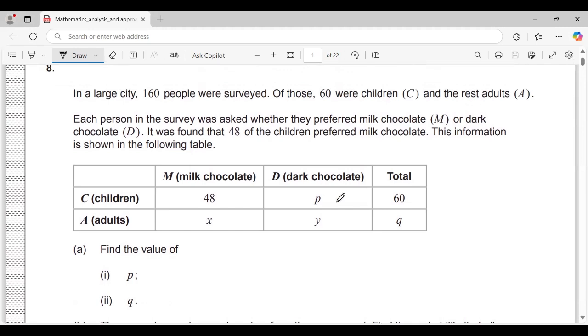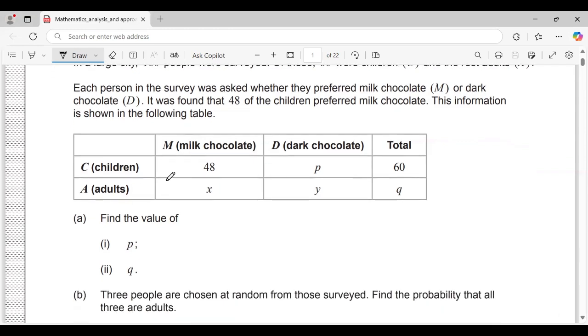P is those children who prefer dark chocolate, and Q is the total of adults. It means P is 60 minus 48, and Q is the total adults, 160 minus 60, so this is 100.